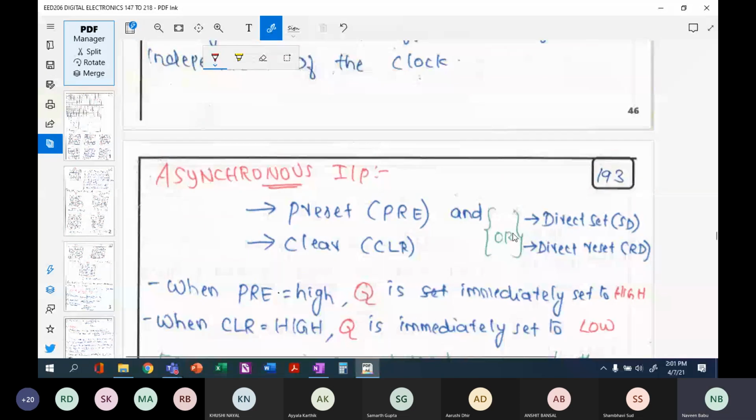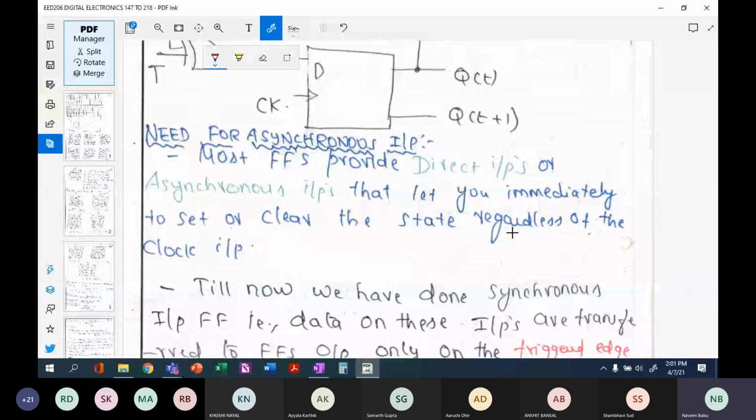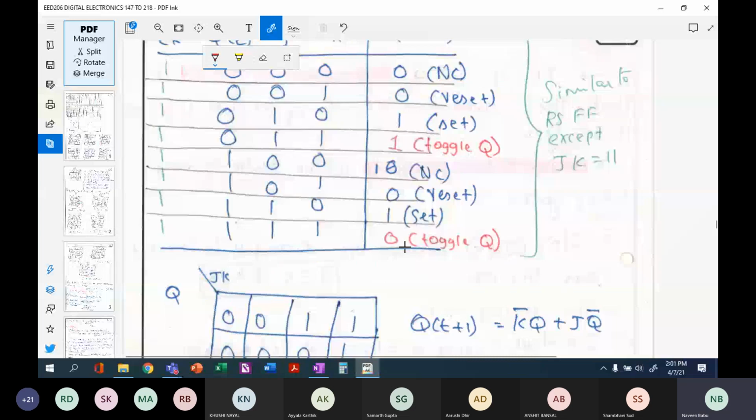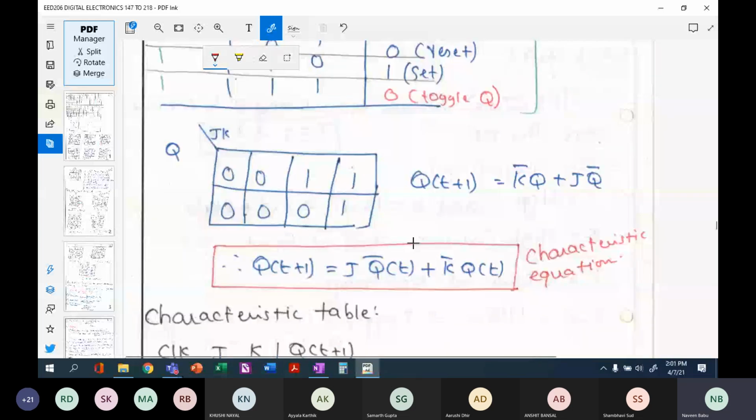So just a quick recap of what we did in the last class. We started off with the SR flip-flop, then we realized D flip-flop and then JK flip-flop. We saw how to create a characteristic table, a state table, and the characteristic equation.